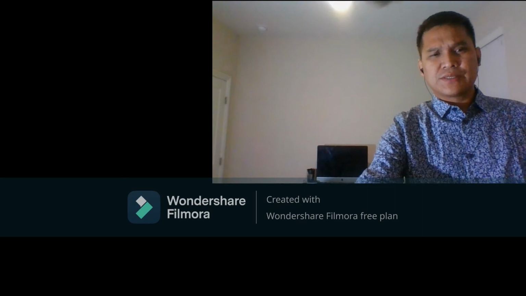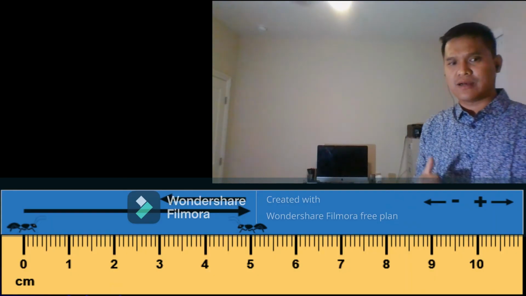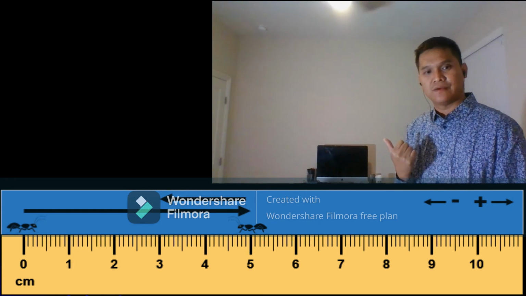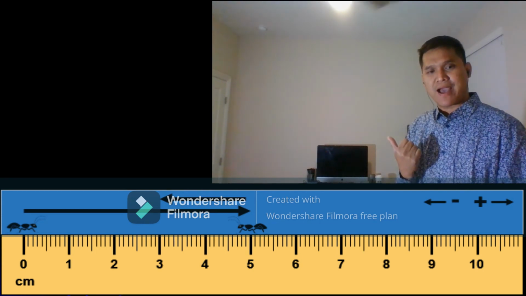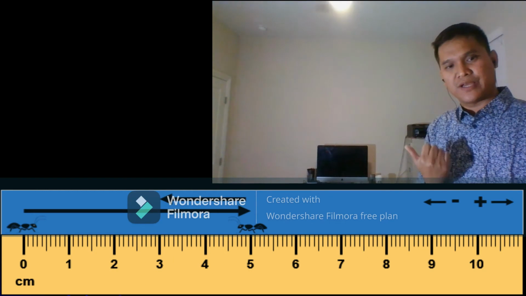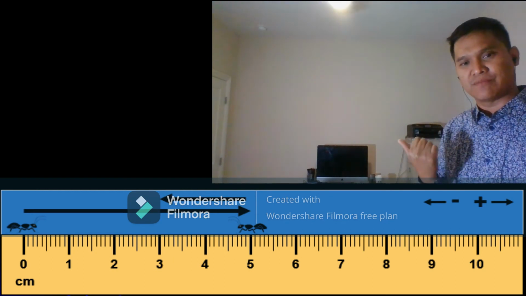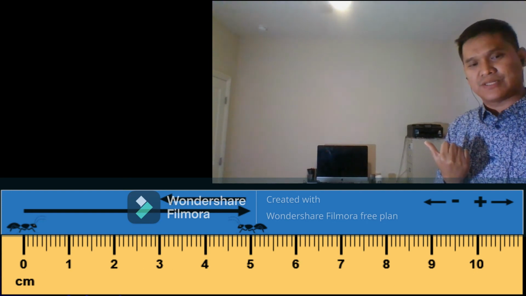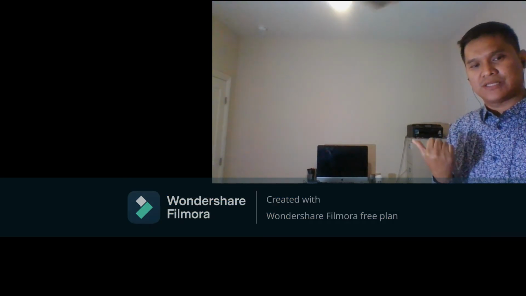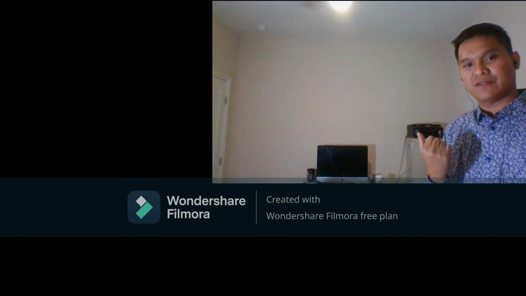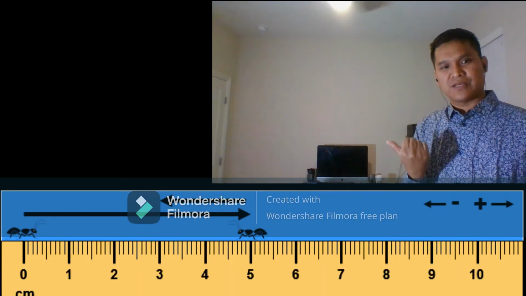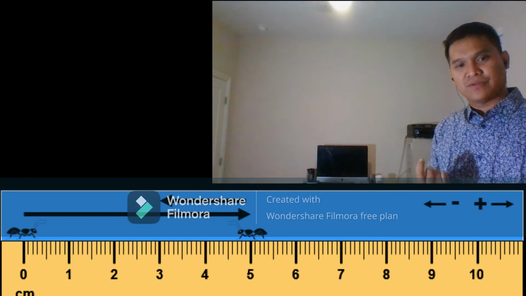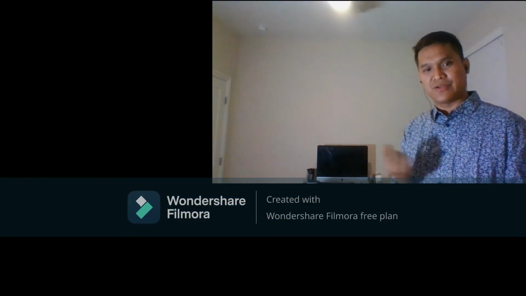So let's go back to our Ant Explorer. Try to look at the figure shown here. All right, the ant moved from 0 to 5, then it went back from 5 to 3. So what is the total distance here? Total distance here is 5 plus 2, which is 7. Displacement is basically the distance from the point of origin to the final position, or final position minus the origin.